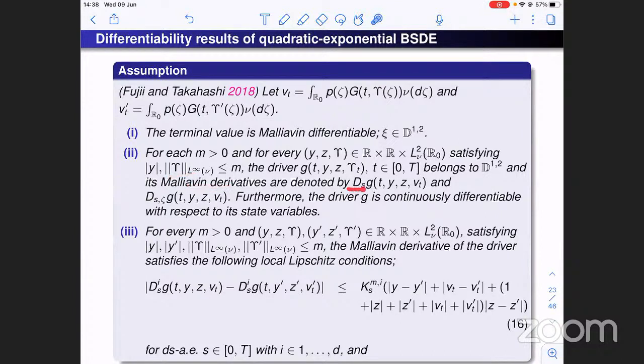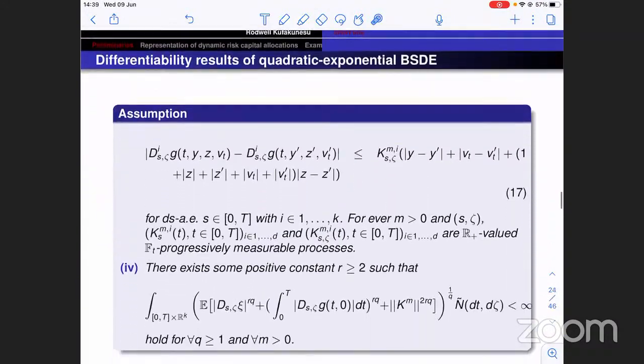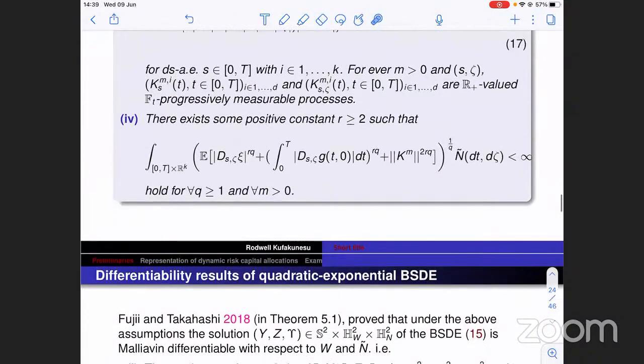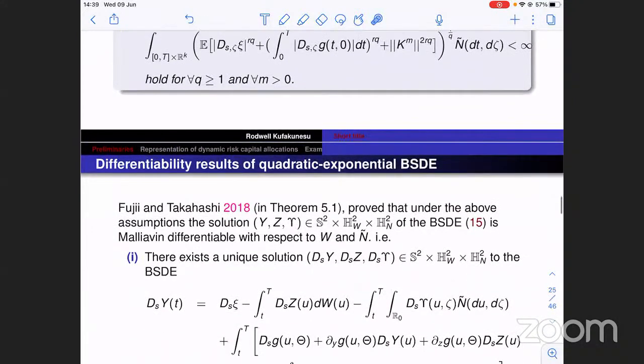And here you see we're going to differentiate the generator in a Malliavin calculus way, and also involving the jumps. So this suited our application, our results, because we needed that, and also the condition being implemented there.